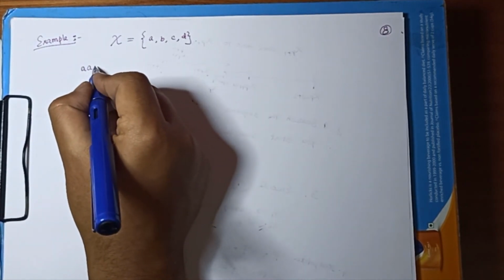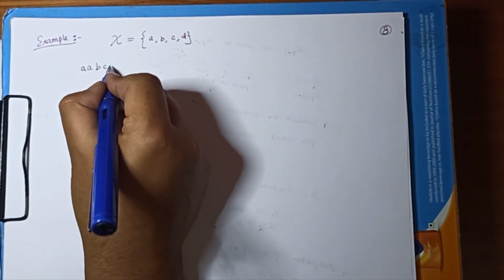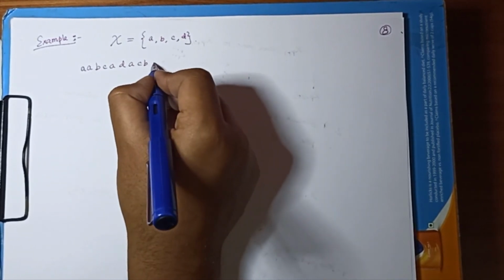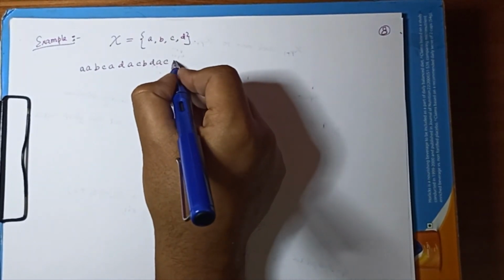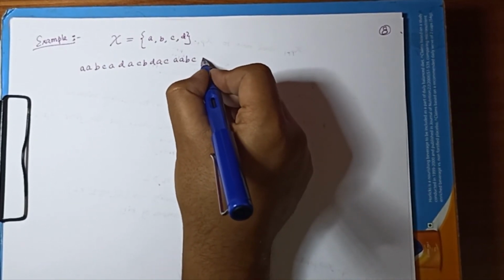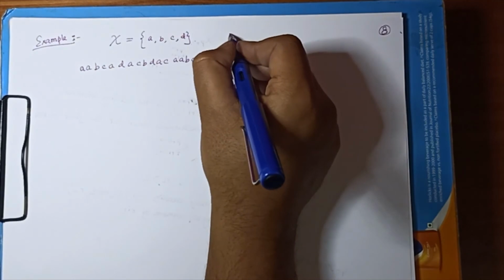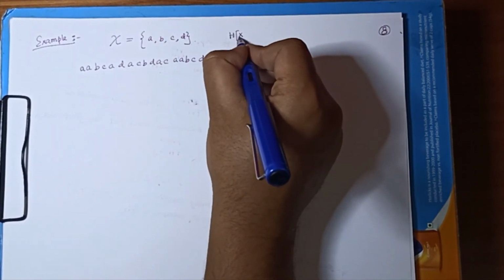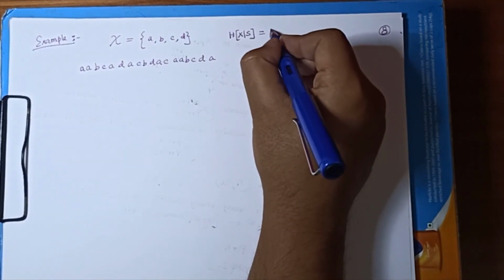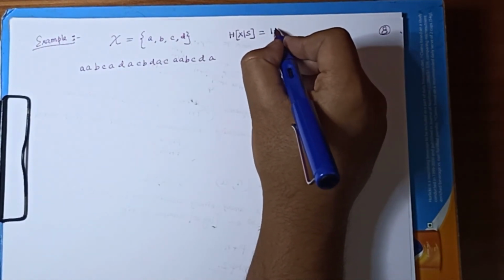Suppose A, B, C, A, D, A, C, B, D, A, C, A, B, C, D, A. Assume H(X), the entropy rate, to be 1.2 bits per symbol.